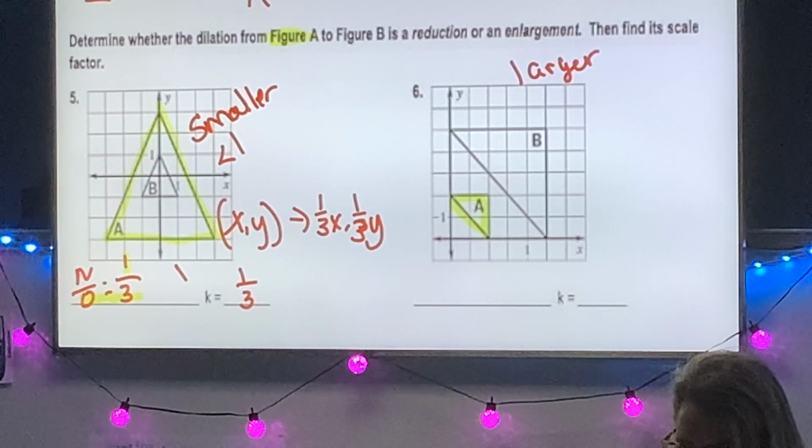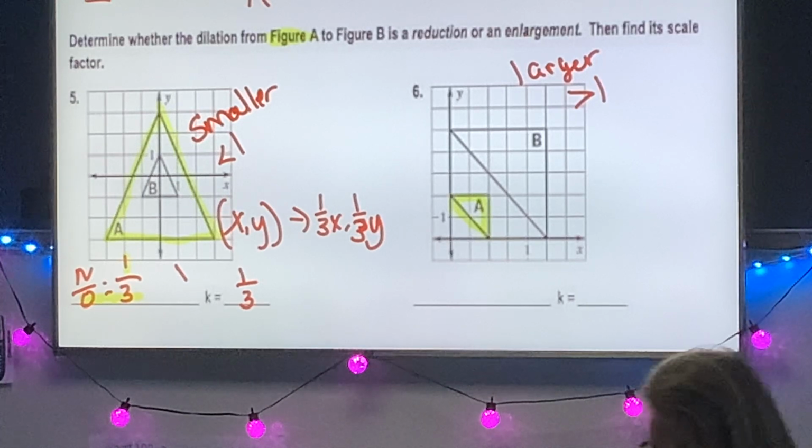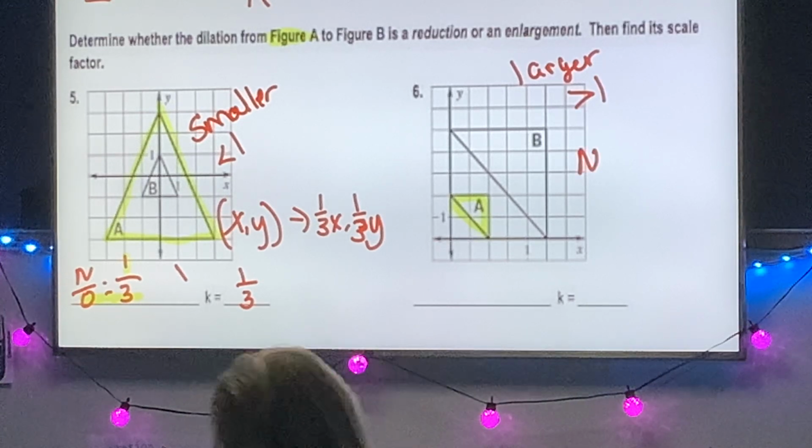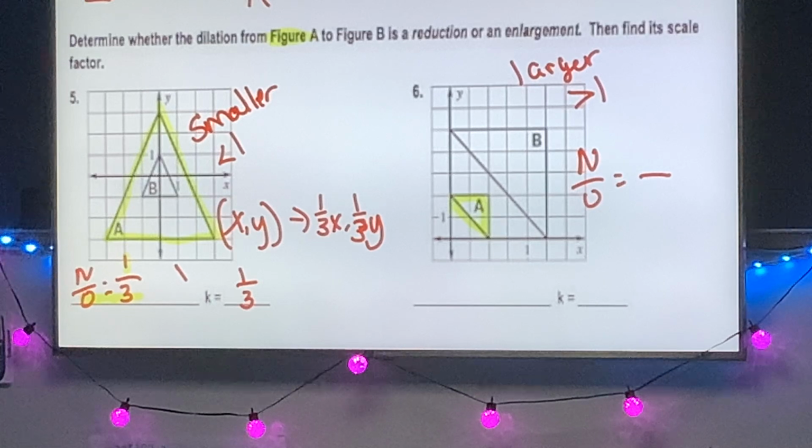So I know it has to be greater than 1. So new over original. Where is my original at? Did you use this right here? You could use that or that, right? Doesn't matter. Okay, so 2. And where is my new?